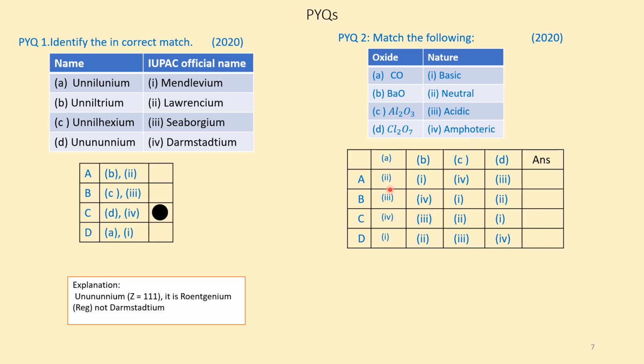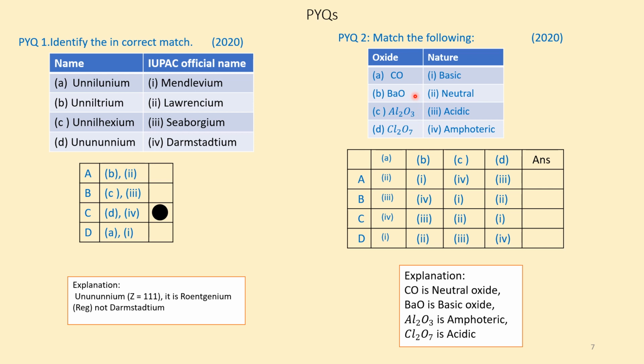There are 4 options A, B, C, D, and their corresponding matches are given, that is A is 2, B is 1, C is 4, D is 4, etc. You have to match it correctly.